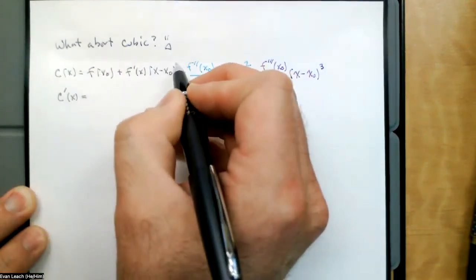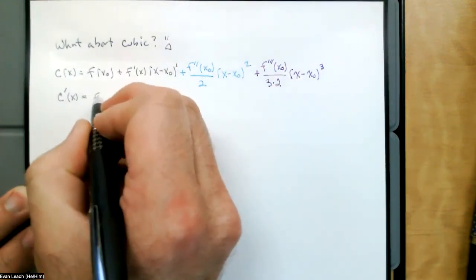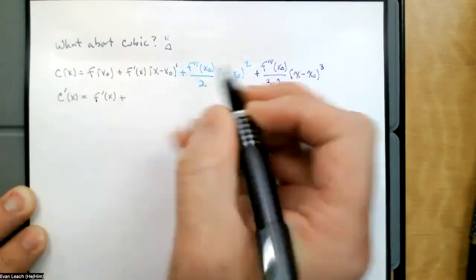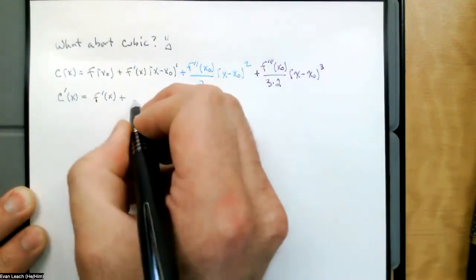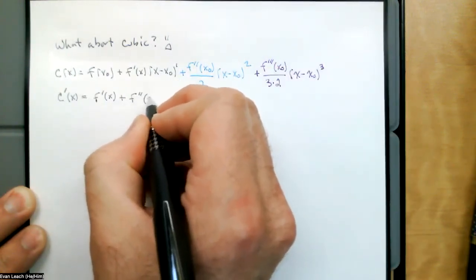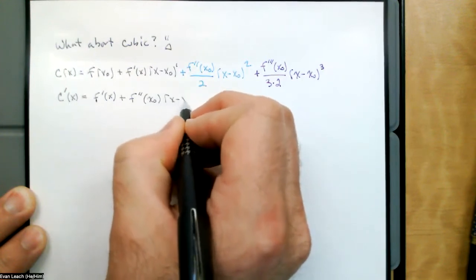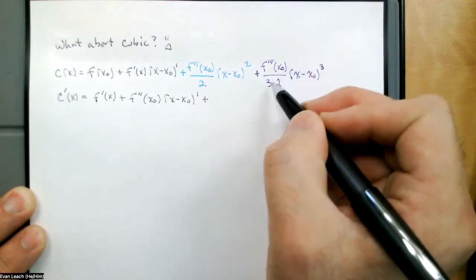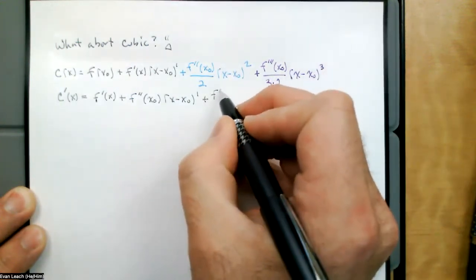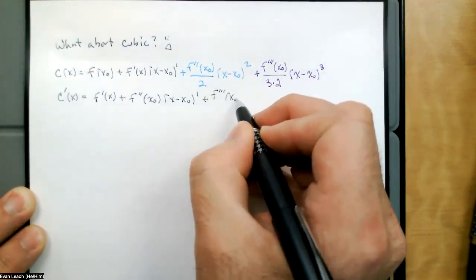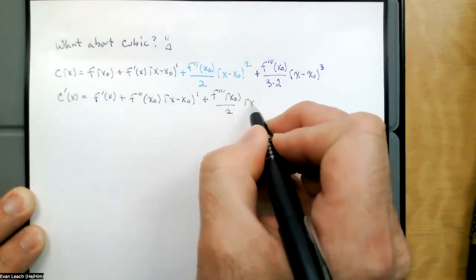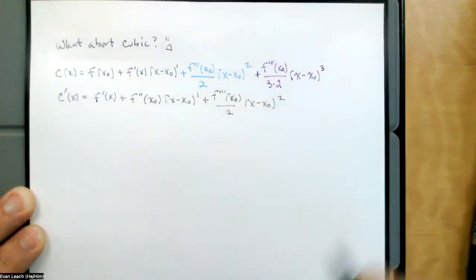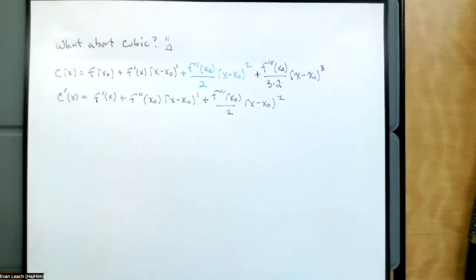The derivative of your first degree term is just going to be your coefficient. 2 times 2 cancels out, and we have f double prime at x naught times x minus x naught to the first. 3 cancels out the 3, so I'm left with f triple prime at x naught over 2 times x minus x naught squared. When we plug in x naught, all that's left is f prime at x naught, which is what we wanted.